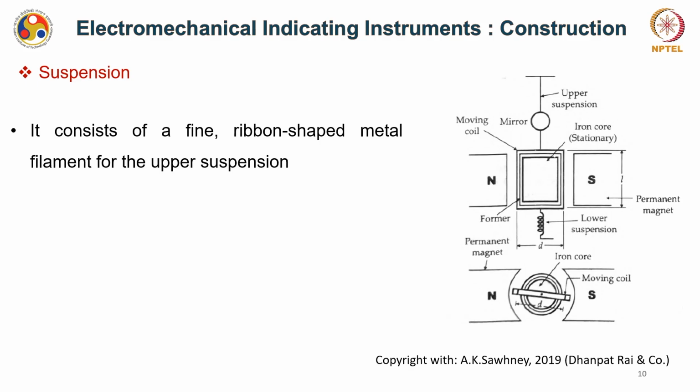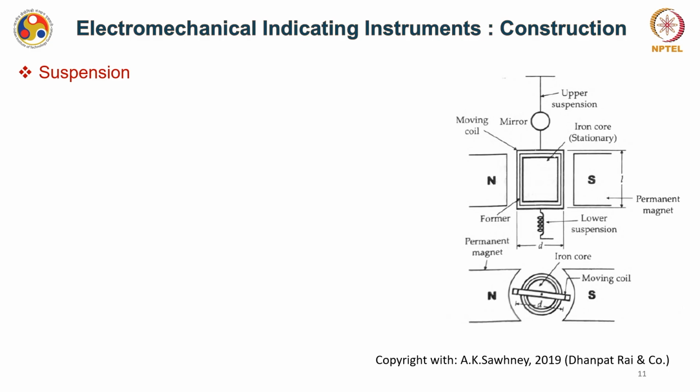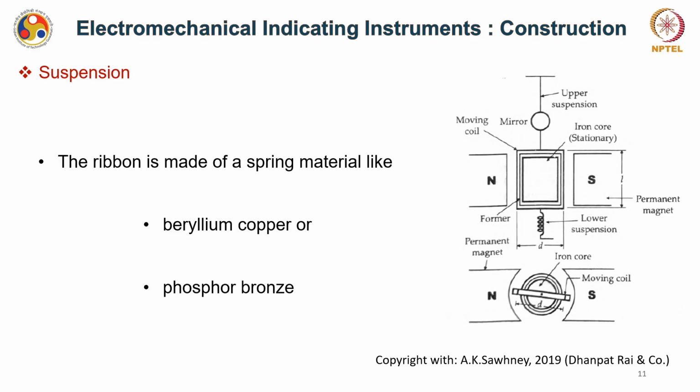All right. So a suspension system consists of a fine ribbon-shaped metal filament for the upper suspension and a coil of fine wire for the lower part, as you can also see in the figure. Okay. The ribbons are usually made of spring material, such as beryllium copper or phosphor bronze.